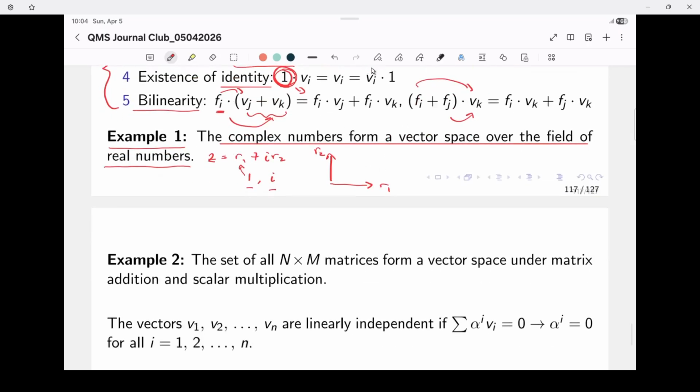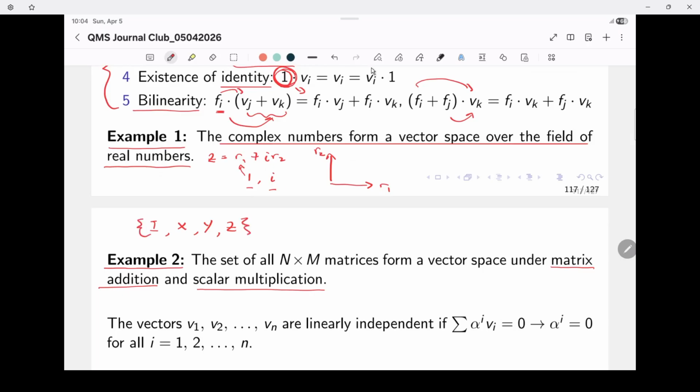So example 2, the set of all n times m matrices form a vector space under matrix addition and scalar multiplication. So if you want to draw examples, this is a little bit hard, but the most relevant example would be considering your Pauli matrices.